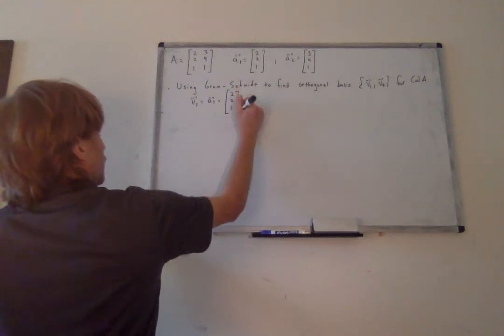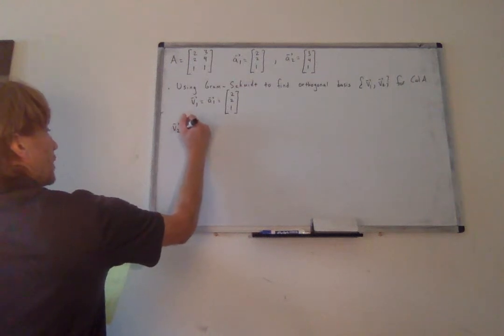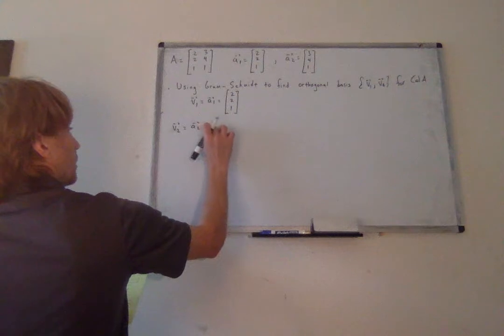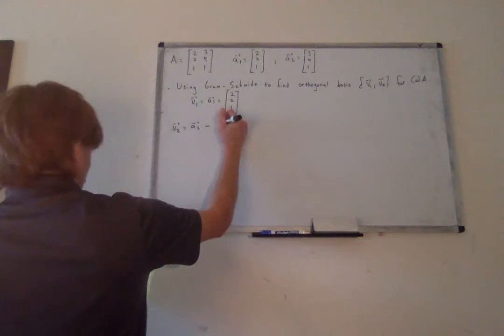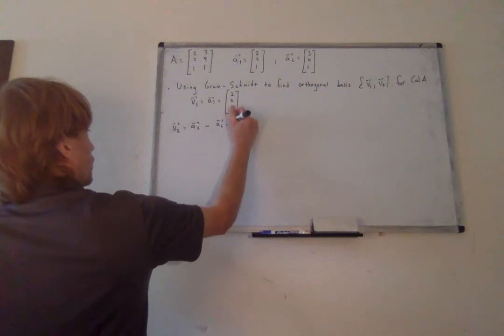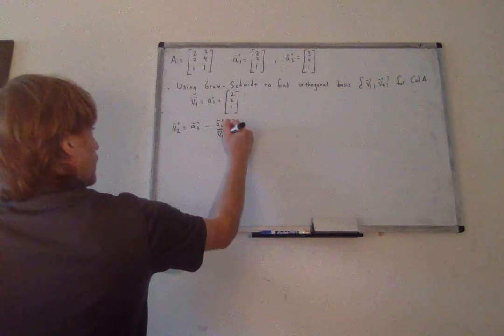Maybe my favorite step of the Gram-Schmidt process. Unfortunately, finding V2 is a little more challenging. Remember, this is equal to the second vector A2 minus the orthogonal projection of A2 onto V1. So we calculate a few dot products, but that's okay.